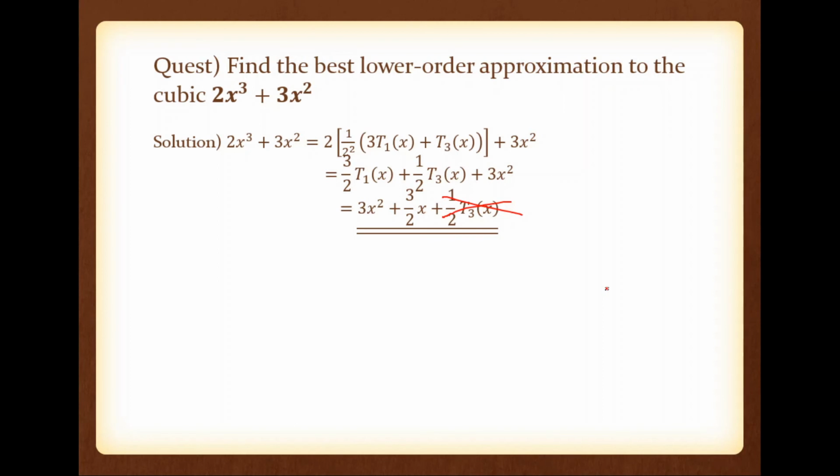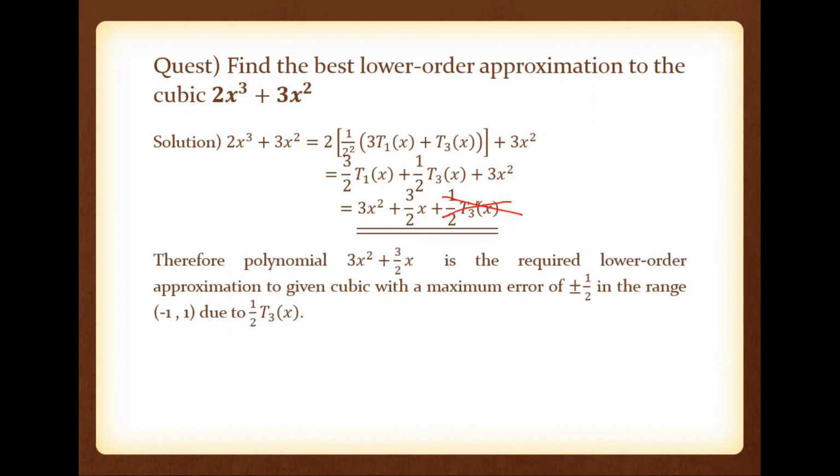So what is the error due to that? Error is nothing but this one, 1 by 2 T3 of x. What is the range of this T3 of x? The range of T3 of x is minus 1 to plus 1 if x is varying from minus 1 to plus 1. Am I correct? That is the range of T3 of x. So here we have a 1 by 2 also. So what is the range? Minus 0.5 to plus 0.5. Means the maximum error due to this lower order representation is a magnitude of 0.5 only, means plus or minus 0.5.